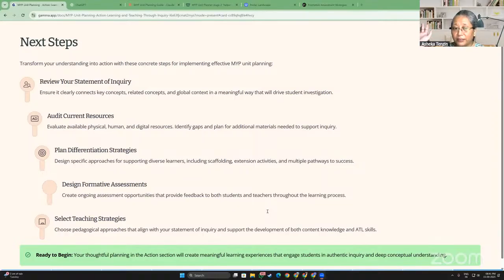These things should be there in the teaching strategies. So your thoughtful planning in the action section will create meaningful learning experiences that will engage students in authentic inquiry and deep conceptual understanding. When I say authentic, that means relating to real life.